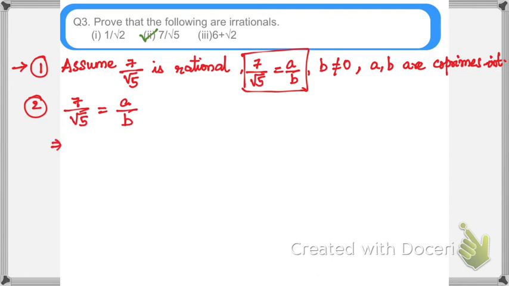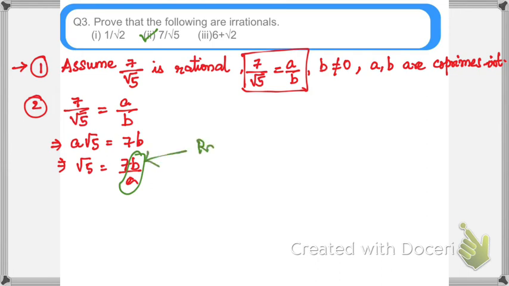So from here you will write a root 5 will be equal to 7b, and that is why root 5 will be equal to 7b by a. Now since a and b were co-prime integers, meaning they were integers, this will give you a rational number.